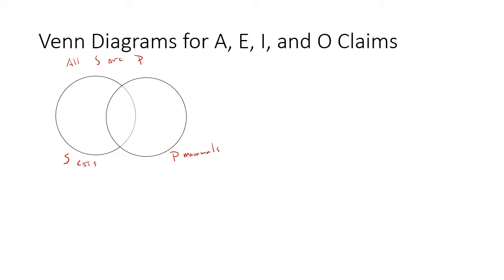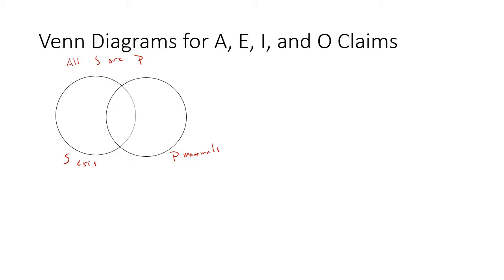If this sentence is true, all cats are mammals, then what this means is that everything that is a cat, so let's look at the cat circle here, is a mammal. So everything that is in the S circle is actually inside the P circle.